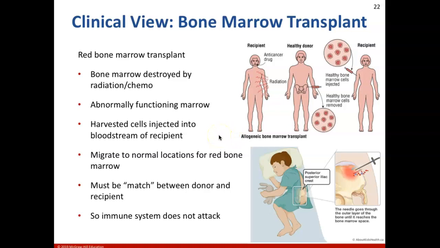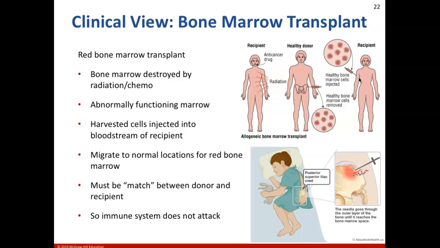This is used when bone marrow is going to be destroyed through radiation or chemo, or there's abnormal functioning of the bone marrow. So you find a healthy donor which is a match for the recipient, and harvest their cells from the posterior superior iliac crest, or just the area of the iliac crest, and then these harvested cells are injected into the bloodstream of the recipient.